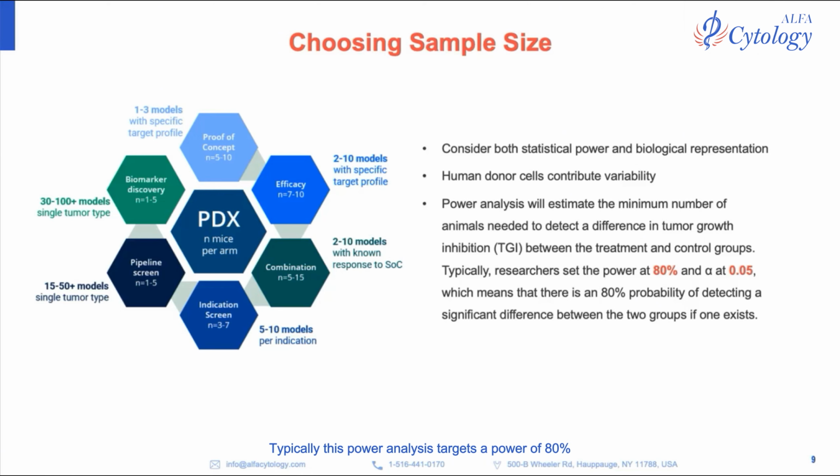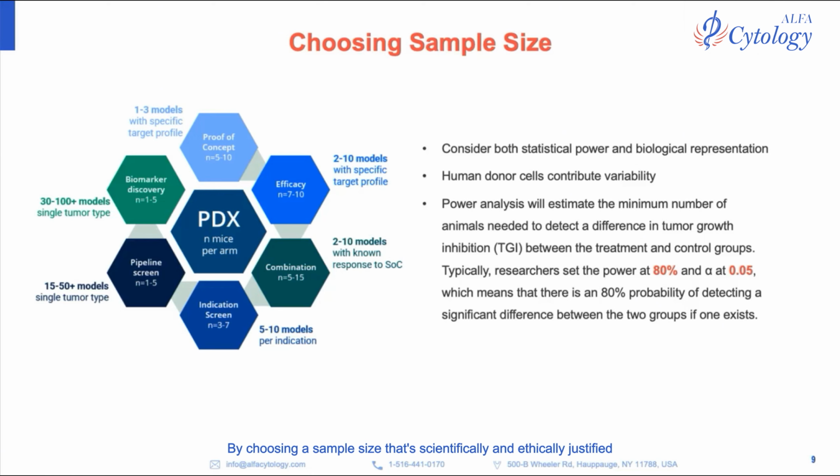Typically, this power analysis targets a power of 80% and an alpha level of 0.05, which gives us an 80% chance of detecting real differences between treatment and control. This calculated approach minimizes the variability, especially when working with human donor cells, which can introduce unique differences across experiments.